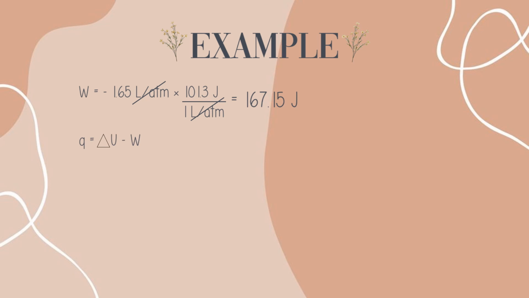Q is equal to change in internal energy minus work, which is equal to 20 joules minus negative 16.71 joules. The heat in this problem is equal to 36.71 joules.